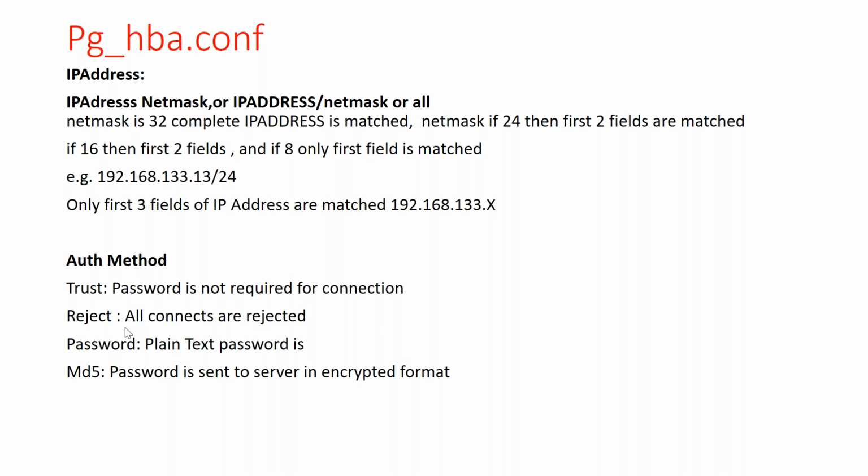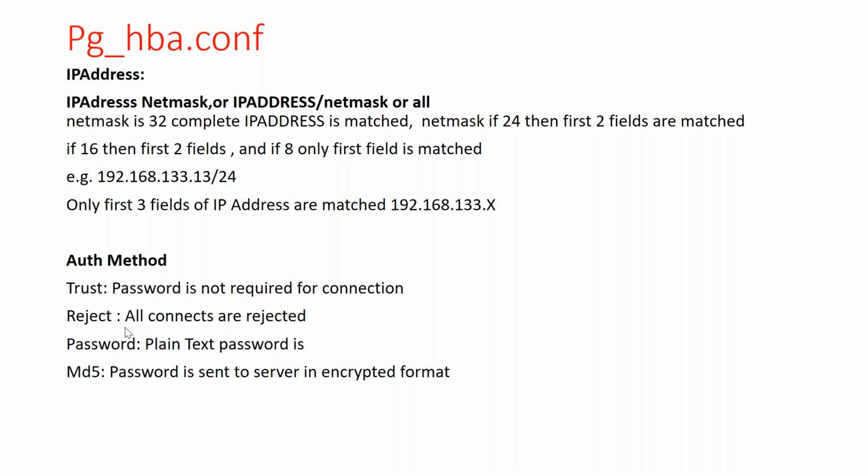Assume that you are accepting all the connections, or you are accepting 192.168, but you are rejecting a few of the IP addresses in between. You can put a reject also, because it would be very difficult to mention 100 or 1000 IP addresses separately. So you specify 192.168.1.1/16, and you reject a couple of IP addresses, then it will work. That also can be done.